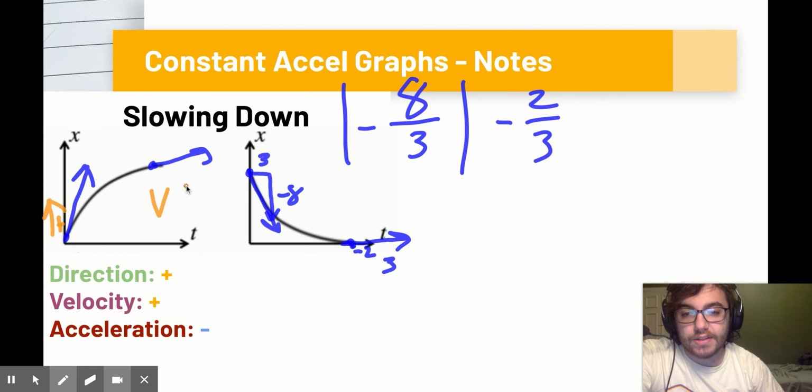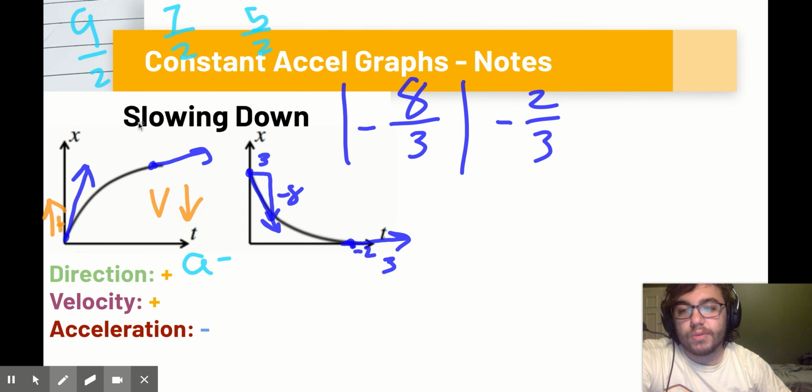So v is going down, meaning acceleration is negative, because each second we go from 9 over 2 to 7 over 2 to 5 over 2. We are having a decrease from each number, which means we are negative.